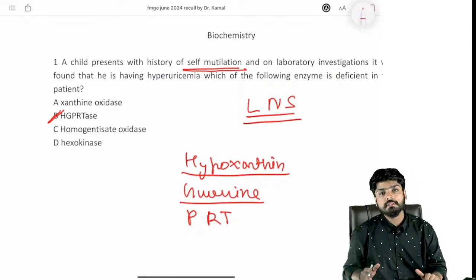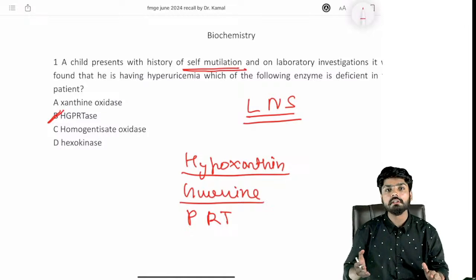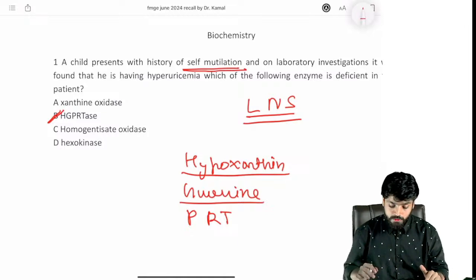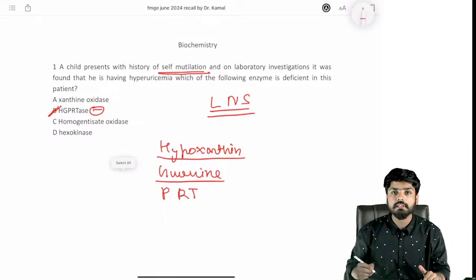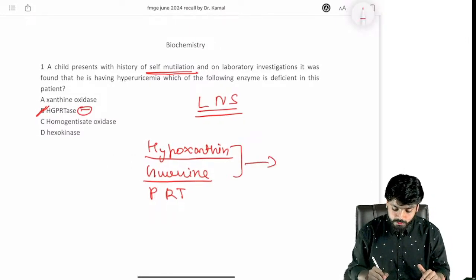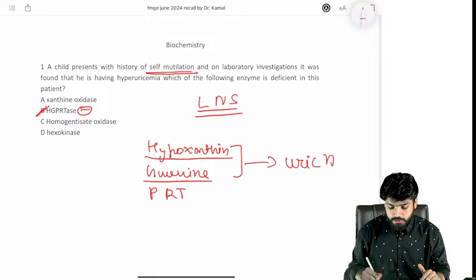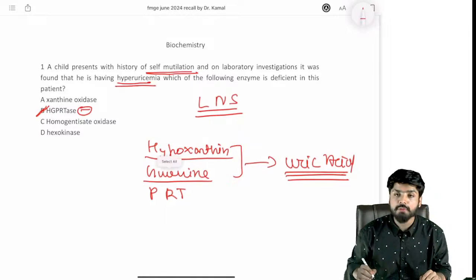This enzyme is required in the salvage pathway of purines. Purines are what DNA is made up of. Now, if this enzyme is defective, as we can see in Leach-Nyhan, what will happen to these both? These both will be converted into uric acid, and this will be the laboratory characteristic finding written over here, hyperuricemia.